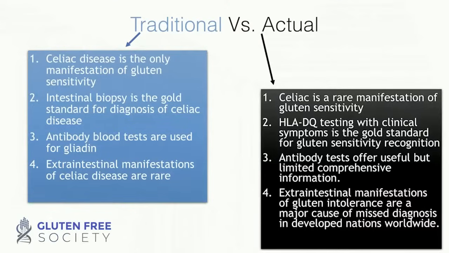Remember, the symptoms of celiac disease are predominantly gas, bloating, diarrhea, vomiting, and pain of the GI tract. If you don't have those symptoms, most doctors traditionally don't believe that you have a problem with gluten. That's what number 4 is referring to: extraintestinal manifestations of celiac disease are rare. Extraintestinal means symptoms of gluten exposure outside of the small intestine. And actually what we know is that extraintestinal manifestations of gluten exposure are more common than the intestinal manifestation.